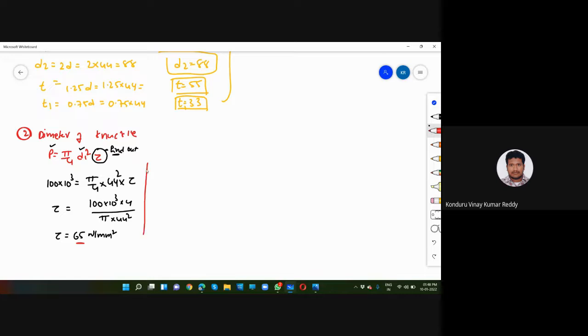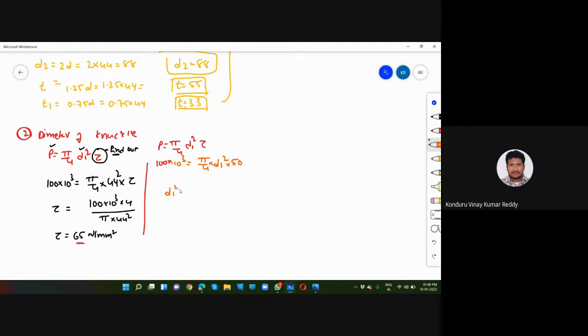Thereby, in the formula P is equal to pi by 4 d1 square tau, substitute the values: 100 into 10 to the power of 3 is equal to pi by 4, keep d1 square as it is, and substitute the shear stress value 50.